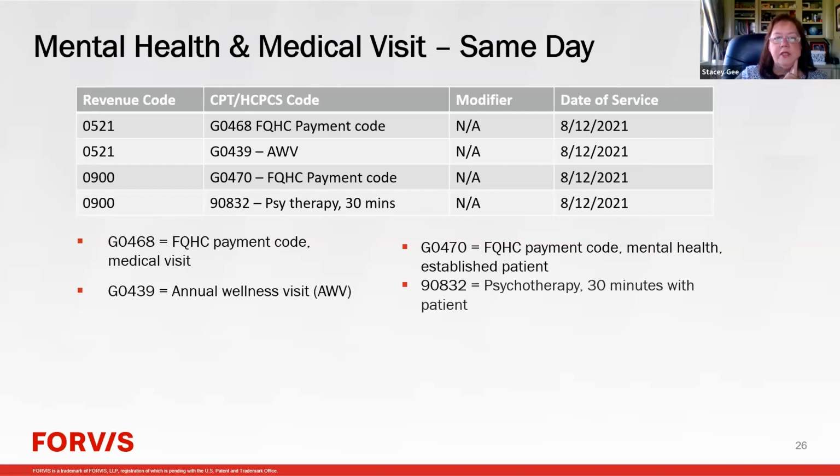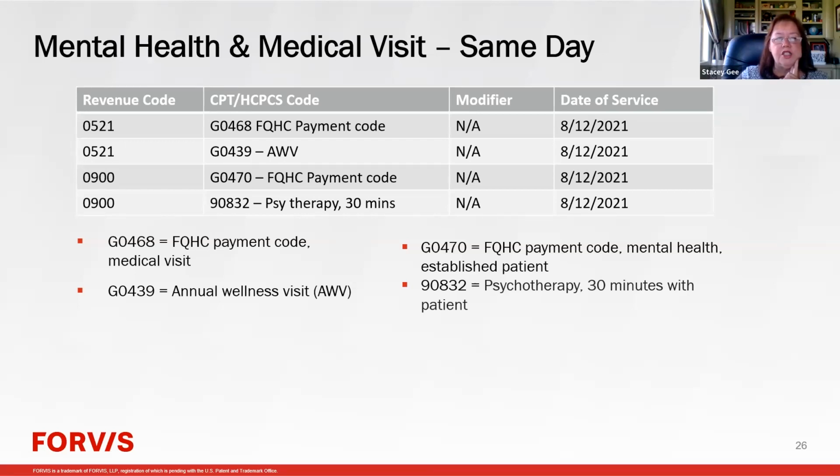Okay, so this is again a mental health and medical visit on the same day. I don't have the 59 on here. What I was more focused on in this particular one was looking at the payment G codes. We can see this person came in, had an annual wellness visit, and also came in and had psychotherapy for 30 minutes.